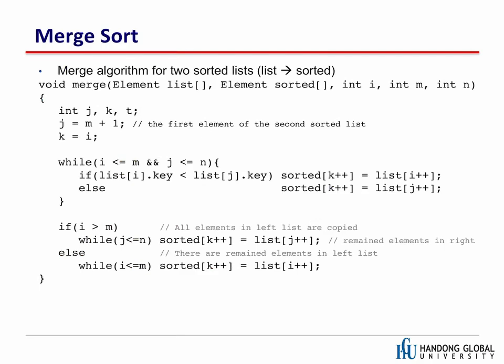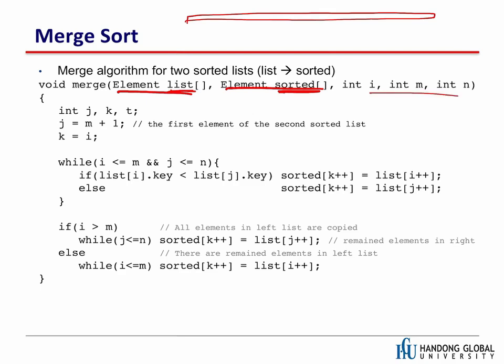So let's talk about the merge function first. We have two lists. This one is an input list and this one is the output sorted list. The list is a long list with lots of elements, and we have three indexes. So I is here, M is here, and N is here.